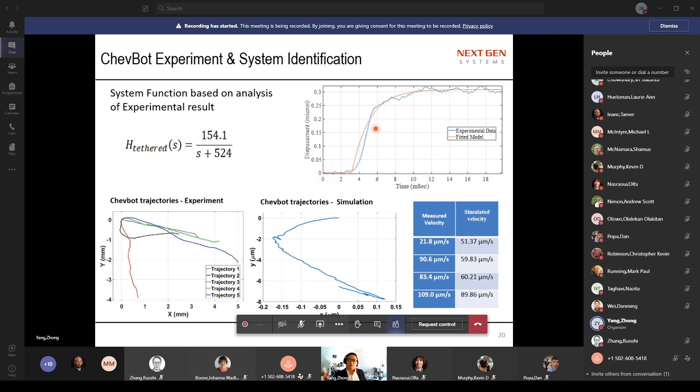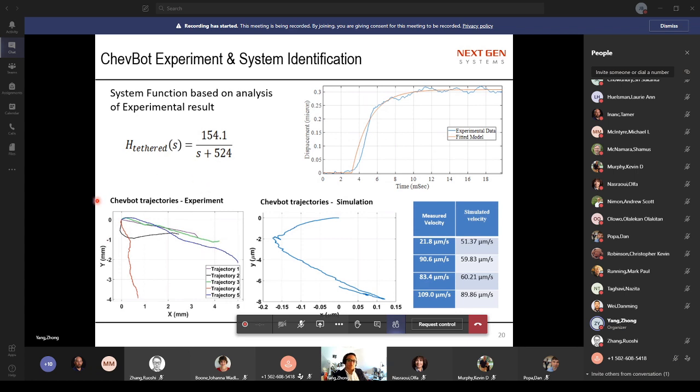You can see this is similar to our FEA simulations, and our analysis looks like a first order system. So we did a system identification. Ignoring this amplitude part, you can see the time constant is at a similar level to what we simulated.